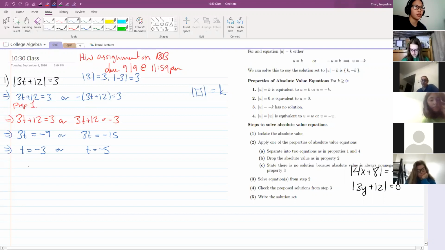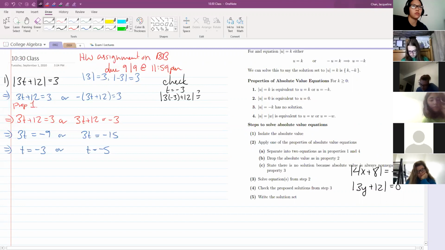For this one, I'll show you how to check, and then probably after that, I'll just let you check. Remember, if there are two values, you have to specifically tell me which one you're doing. So let's do t is equal to -3 first. Wherever I see a t, I'm going to plug in -3.